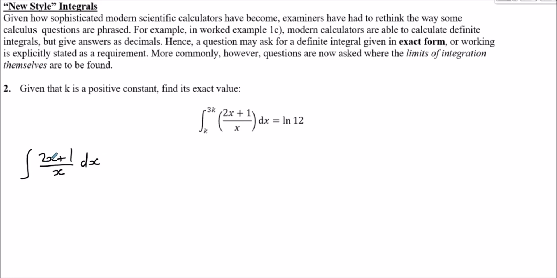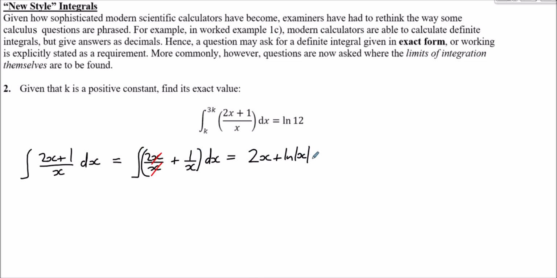This in a way is quite complicated, so let's split this into separate fractions. So I've got 2x over x plus 1 over x, all with respect to x. Obviously that'll cancel. So I've got the integral of 2, which is going to be 2x, and the integral of 1 over x, which will be ln of mod x.